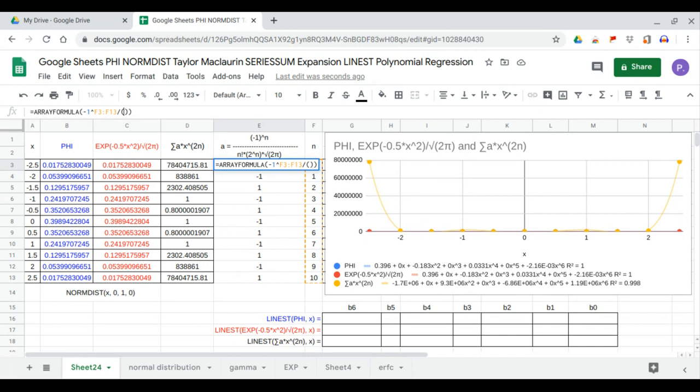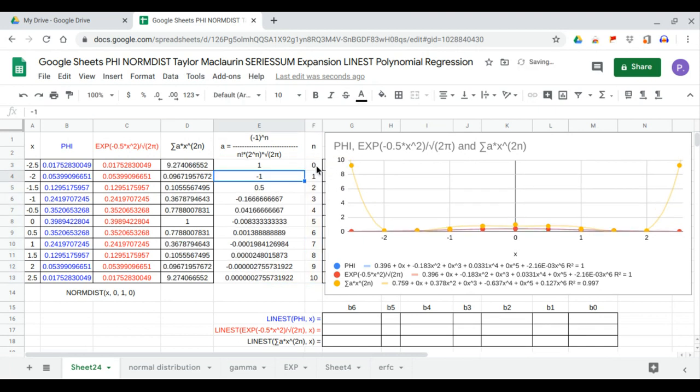So the first part will be factorial of n.